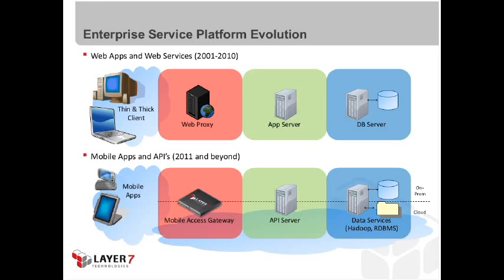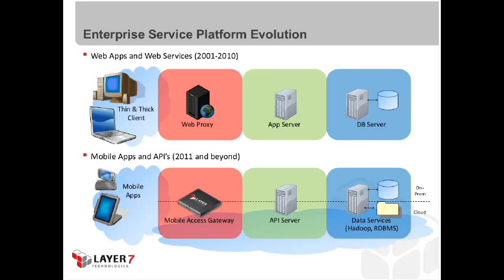With what we're seeing, having to service multiple device types, multiple user types on the front end now, on the presentation side, along with the big data revolution and the tighter coupling of data services with the actual business logic and business intelligence that can be embedded, the real distinct line now, instead of being between app server and data services, comes at the front end of the API server.